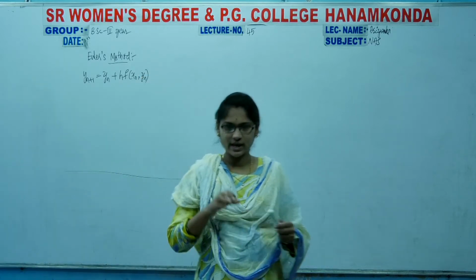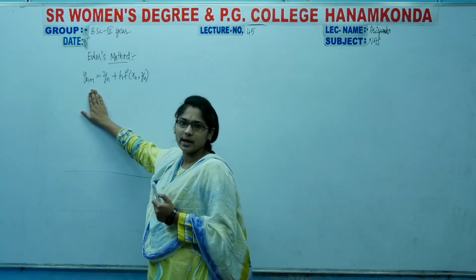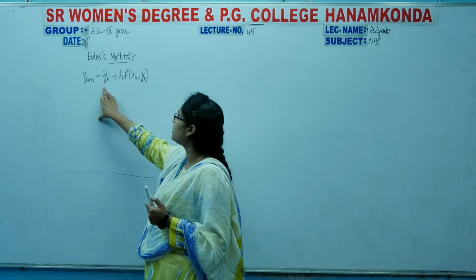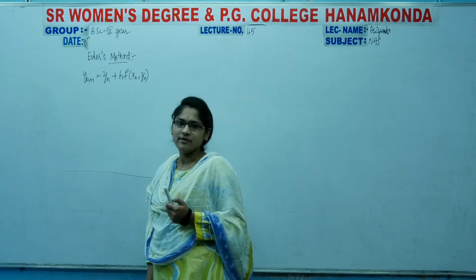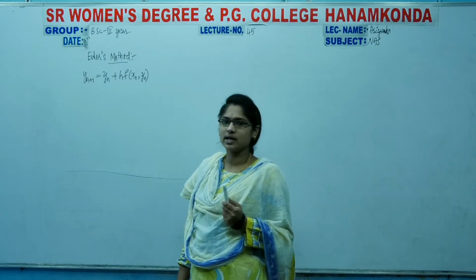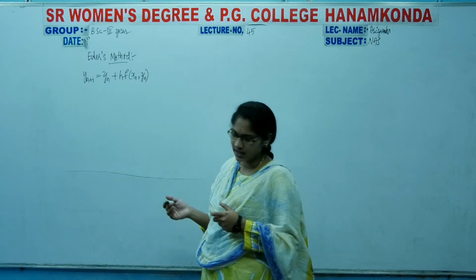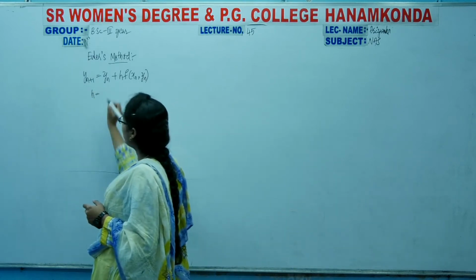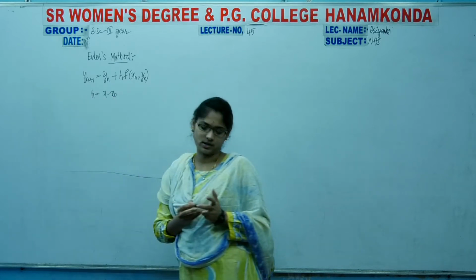Here the values of n start from 0. When you put n equal to 0, you get y1 equal to y0 plus h into f of (x0, y0). In the question they give the values of x0 and y0, by which we can calculate. Now write down where h equal to x minus x0.